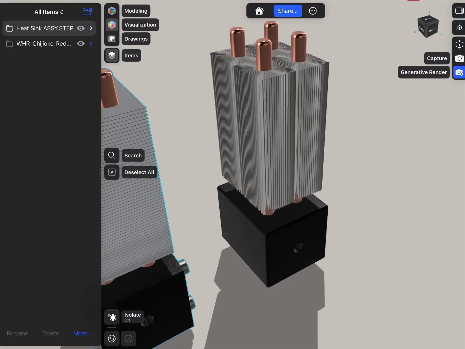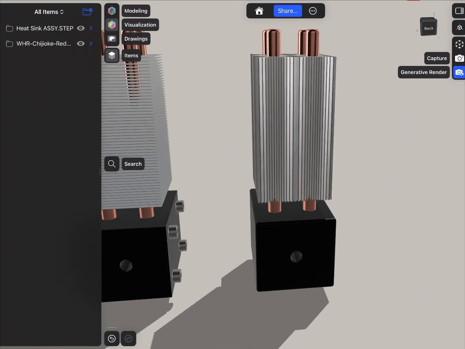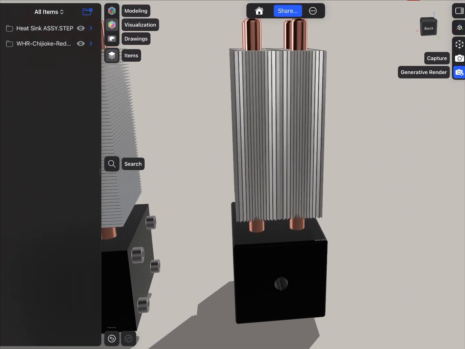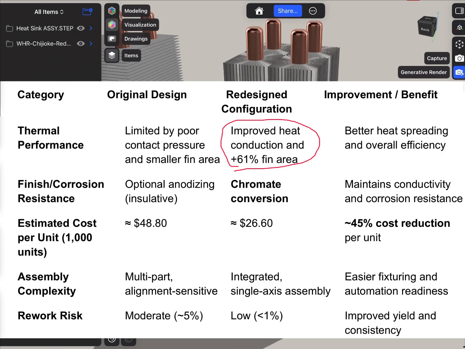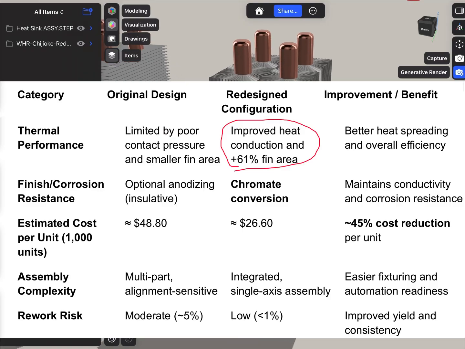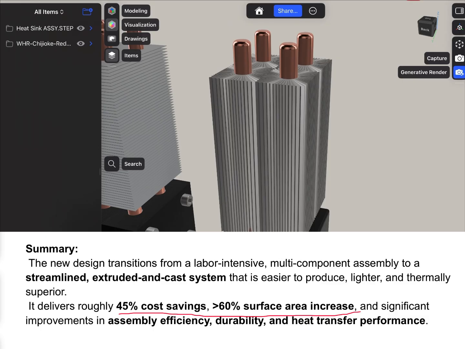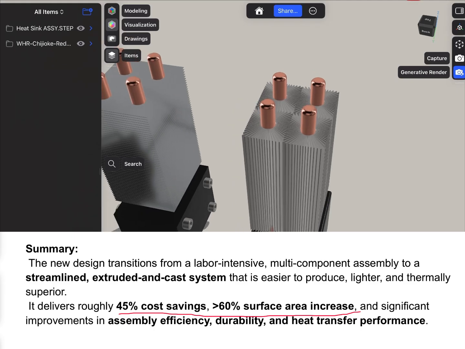I redesigned it to reduce the part count, and I also improved the thermal rate of heat rejection, because I increased the cross surface area to ensure that I had more surface area while reducing part count. I increased assembly efficiency while reducing part count.